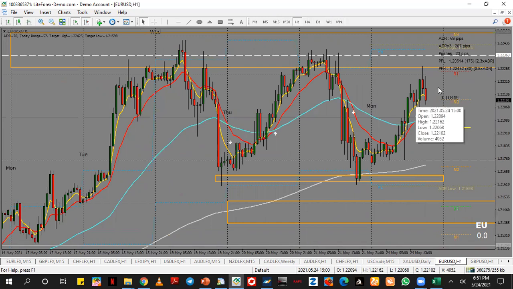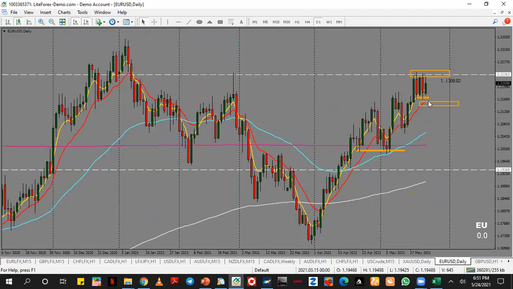So I would simply wait for the market to fall to this area and then go up, if it gives us a pin on the 13 EMA. But if it breaks this, then you would find the market falling to the next area of support.